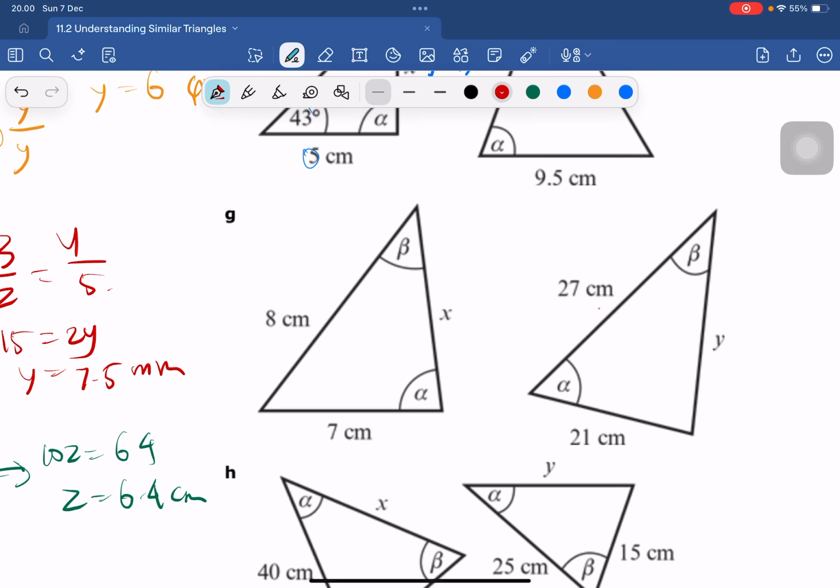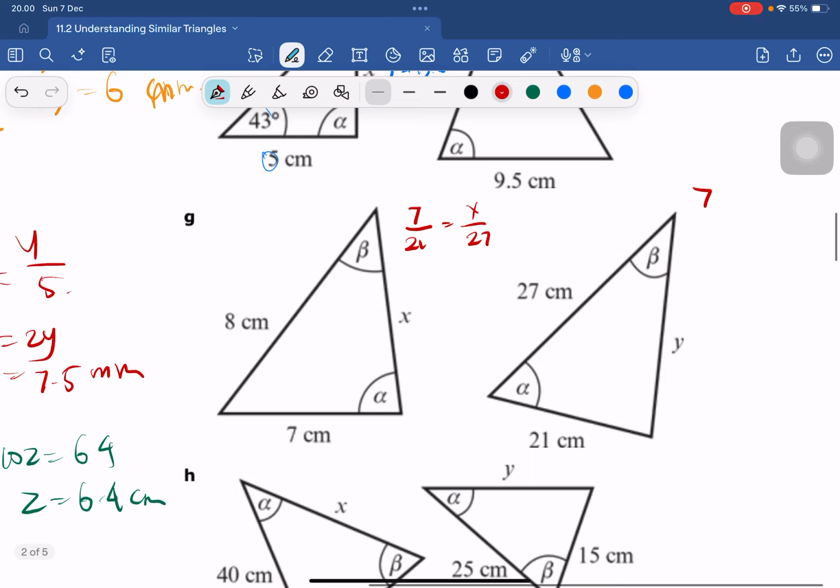Okay, first what we got. Here we are. So we got 7 over 21 equal to x over 27, and another one we got 7 over 21 equal to 8 over y.